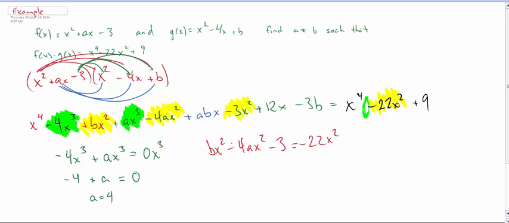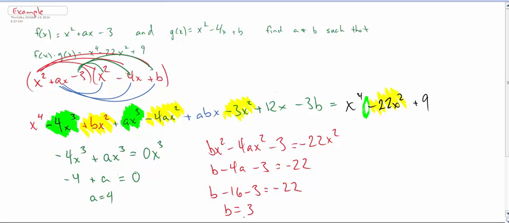We really don't even need the x squareds here. We've got b minus 4a minus 3 equals negative 22. And we know a is 4. So b minus 16 minus 3 equals negative 22. If we add 19, b is equal to 3.